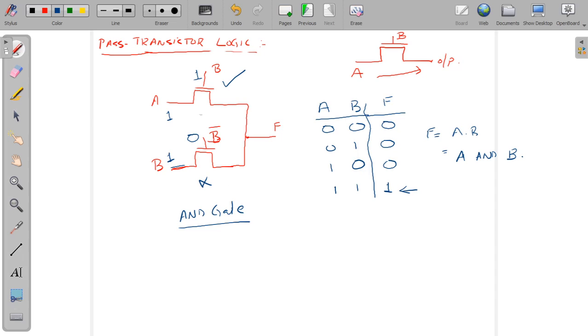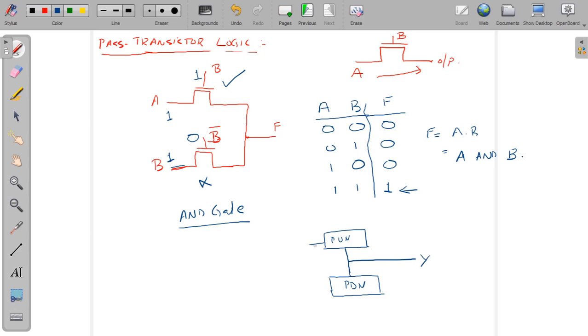So this is how we use pass transistors, and look at the way you can differentiate it from CMOS logic design style, where, remember, we had one pull up network, just in the previous class we had seen this, and we had one pull down network, and this was the output.